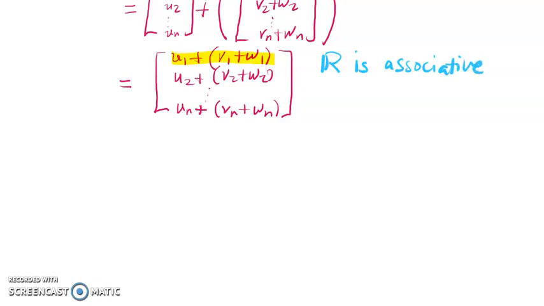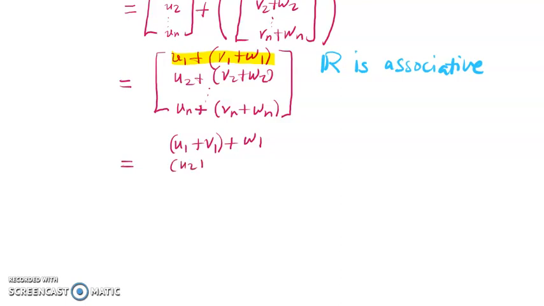So because it is associative, we can write this one as u1 plus v1, this highlighted one, plus w1, similar to the other components.